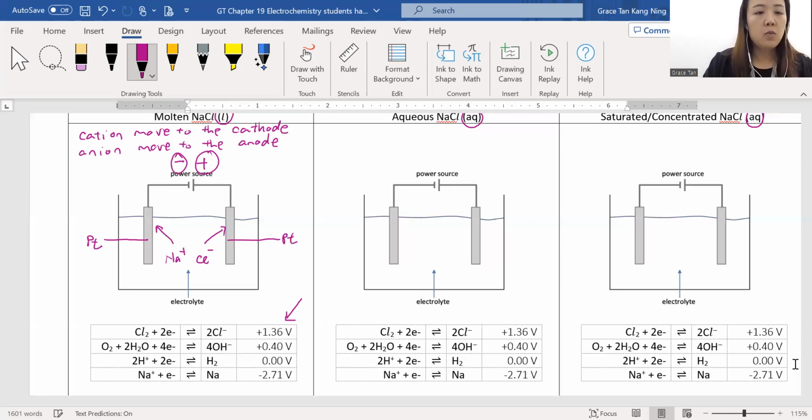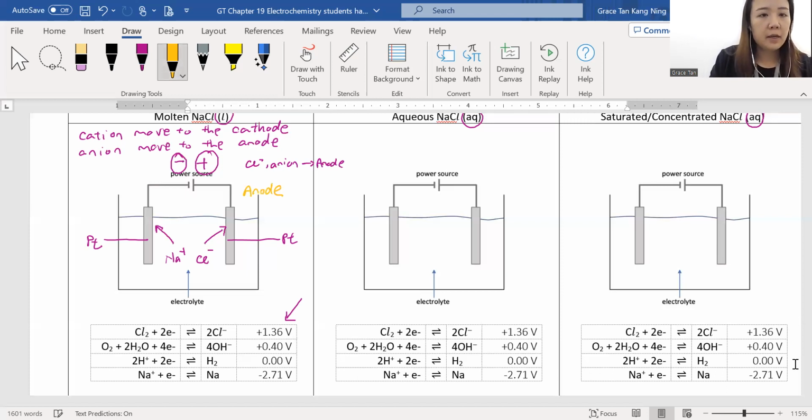Now that I know which ion moved to which electrode, I ask myself, chloride is an anion, and anions move to the anode. So now you know that this electrode is called the anode.